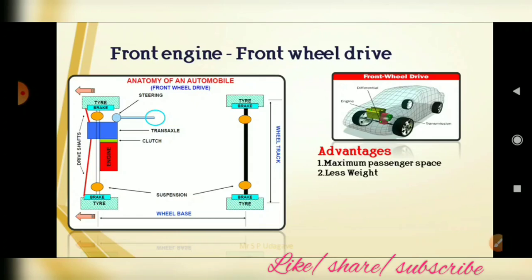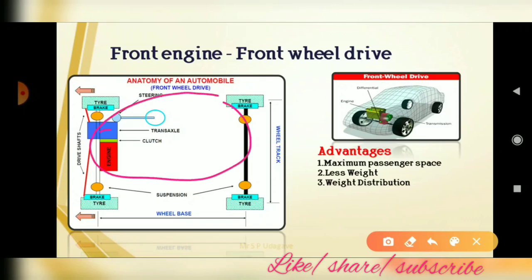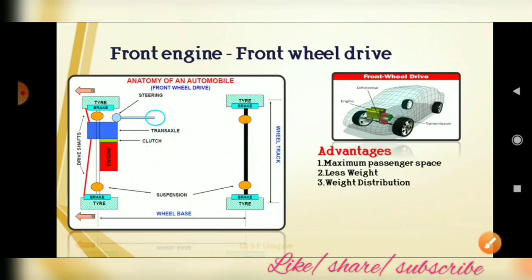There is no propeller shaft, so the number of components is less, so less weight. And proper weight distribution, because the engine is mounted on the front side and the passenger seats are after that, so the weight distribution is also good. And air cooling for the engine.